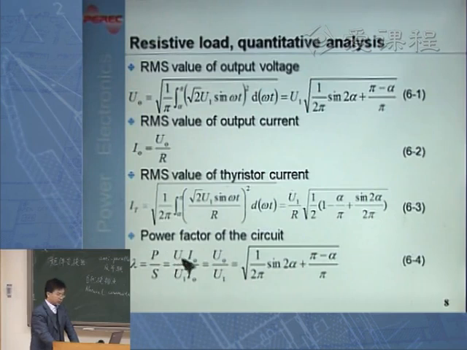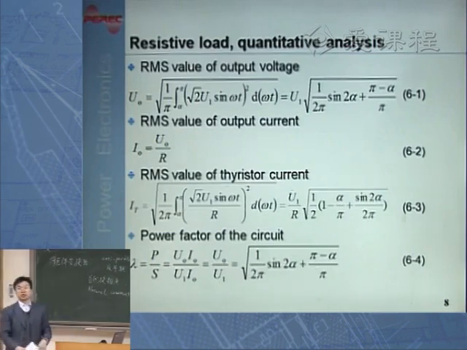The active power is calculated in this way. Apparent power is the input voltage RMS value multiplied by the current. So the power factor of this circuit can also be calculated.